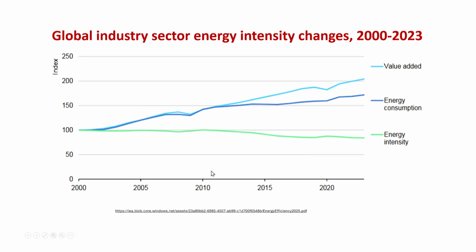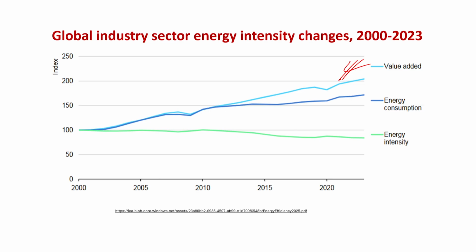If you look at how it has been performing, the reason energy consumption is going up is that value added services have gone up. More and more services are getting added to the whole structure, and that's why energy intensity, as I said earlier, could be misleading, because then we are not talking about absolute energy consumption overall.